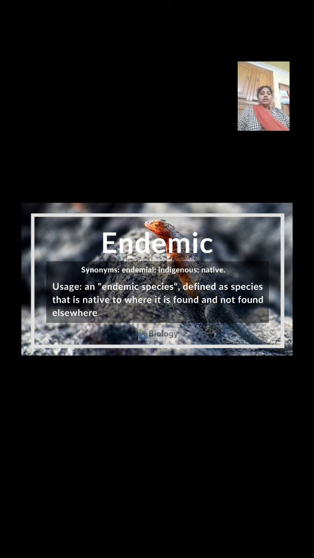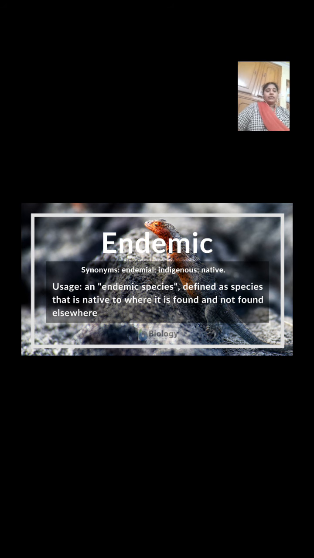Endemic species are defined as species that are native to where they are found and not found elsewhere. The meaning of the definition is, species means a group of organisms which are present only in a particular area and not found anywhere else.